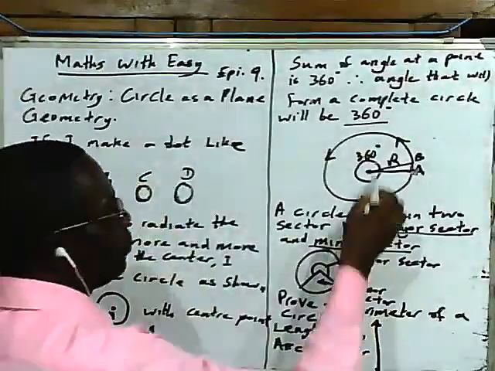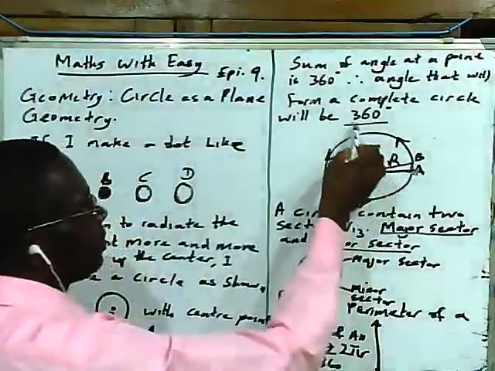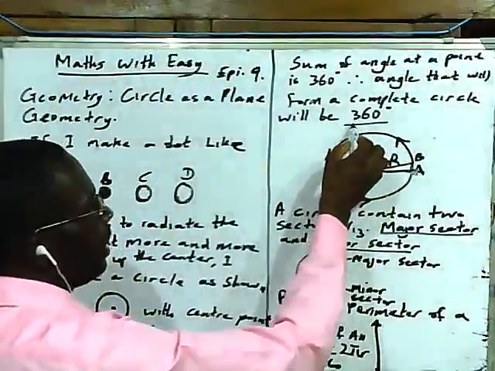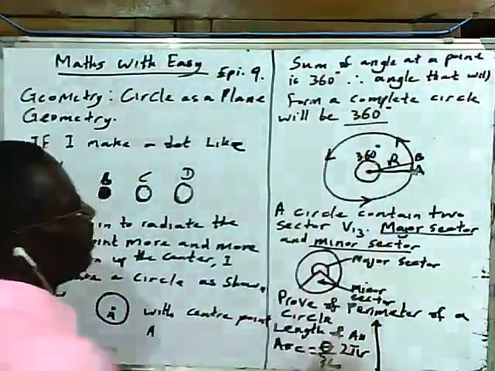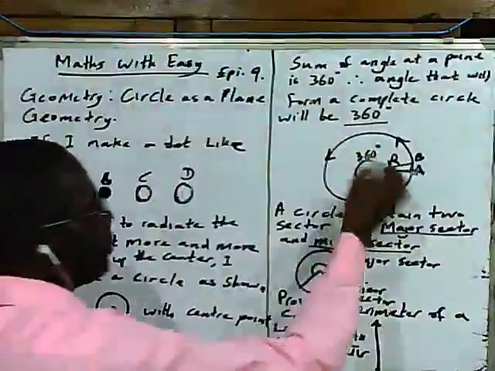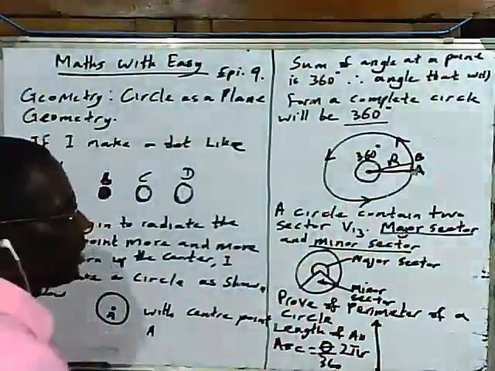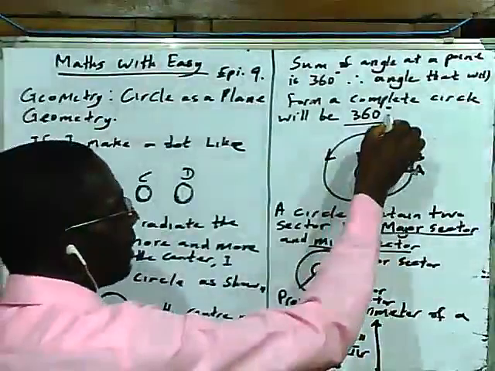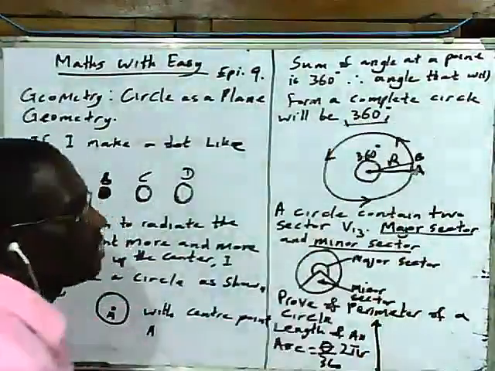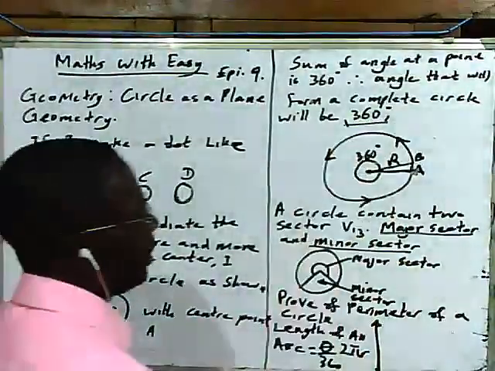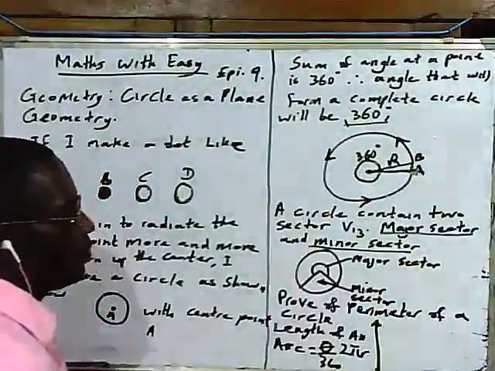Now, I told you in the beginning of this episode that we have 360 degrees when you move around a circle, and I still emphasize this 360 degrees as a complete circle, the angle it made.